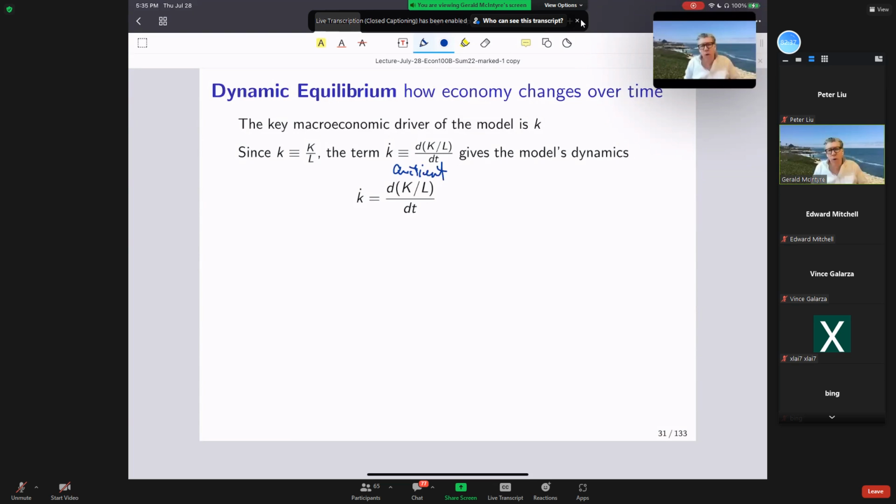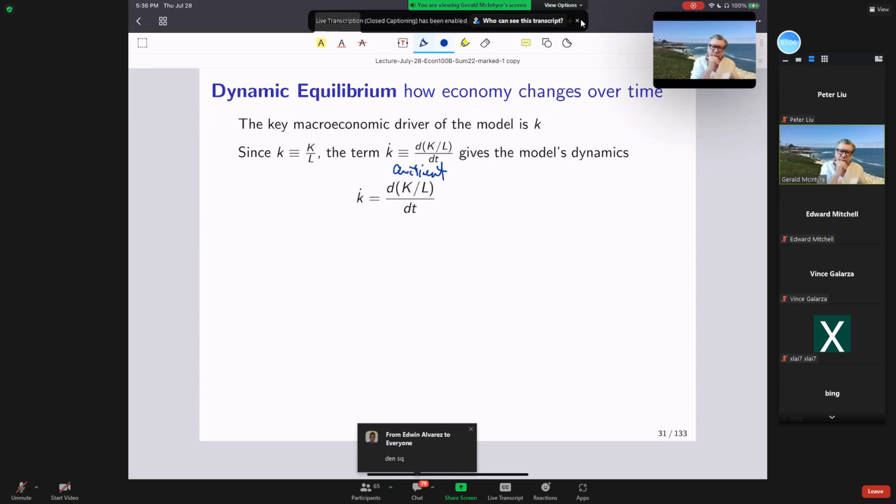The quotient rule says it's the derivative of the numerator times the denominator minus the derivative of the denominator times the numerator, all over the denominator squared.